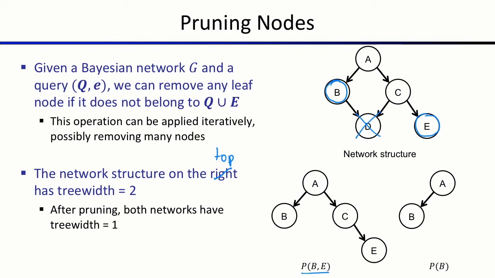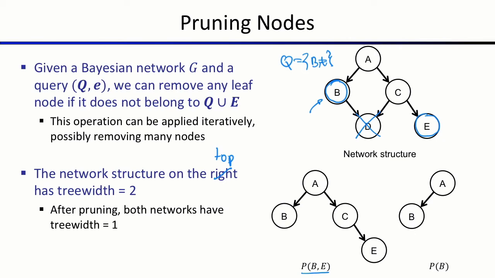As we eliminate D, B becomes a new leaf node, but it belongs to the query set Q. We cannot remove that. E was already in the query set, so we cannot remove it either. And the other nodes all have outgoing edges. So C and A have outgoing edges, so they are not leaf nodes and cannot be pruned.